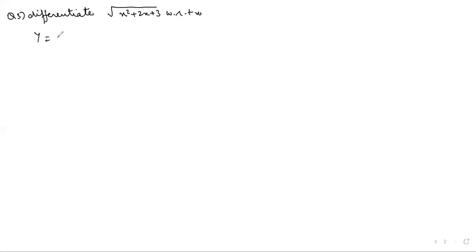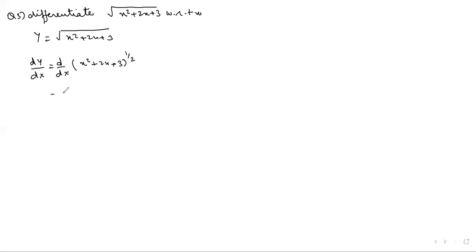I will let this function as y, applying d over dx on both sides. I will write the root in terms of power.